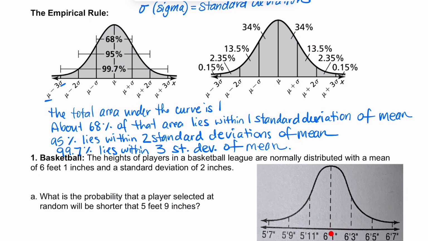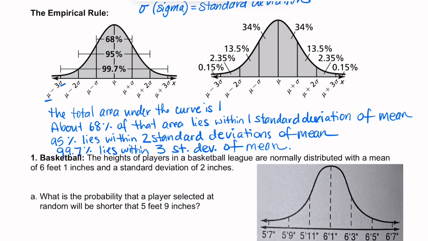In the middle, we'll do the mean, which is 6'1". To go 1 standard deviation away, we're just going to add 2 inches. So 6 foot 3, and then add 2 inches again, and again. Then go to the left, we'll subtract 2 inches, subtract 2 inches again, and subtract 2 inches again.